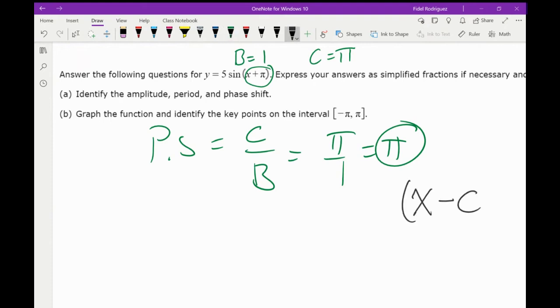It has to be written like this, x minus c. Since this has a plus here, we can think about that as x minus a negative pi. Does that make sense? Because minus and minus makes a plus. So in this case, c is actually a negative pi, so that'll be just negative pi right there. The parentheses?